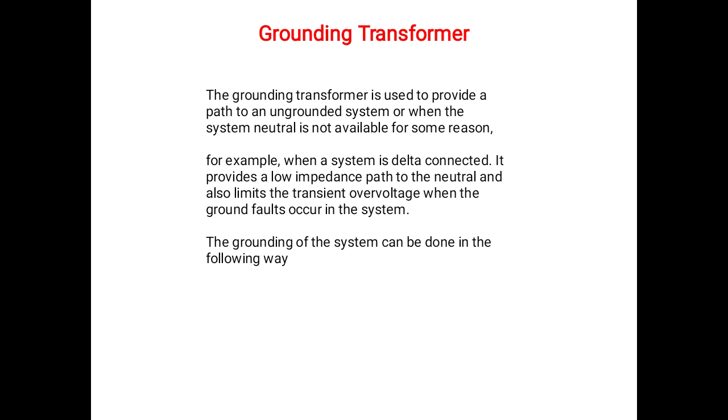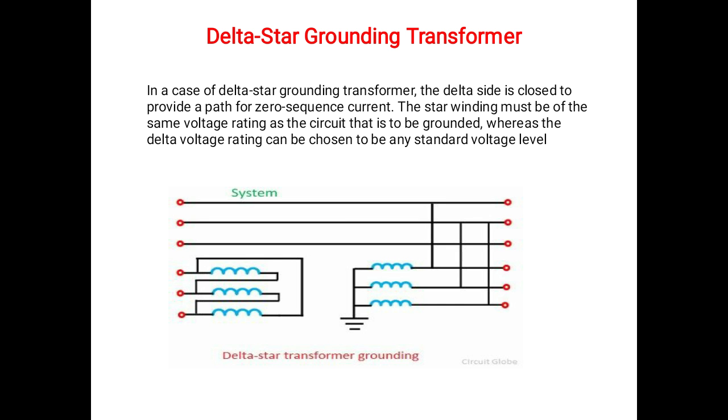The grounding of the system can be done in the following manner. Now we take an example of a delta star grounding transformer. In a delta star grounding transformer, the star neutral is grounded and the delta winding is a closed path. It does not consist of any neutral point.